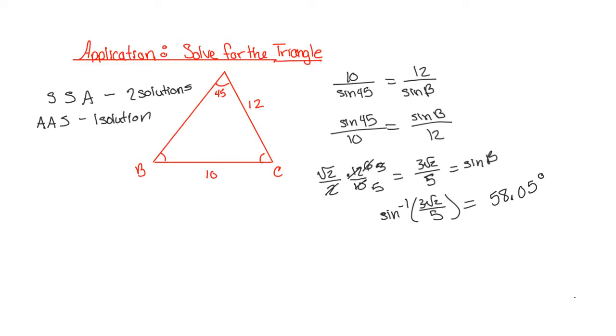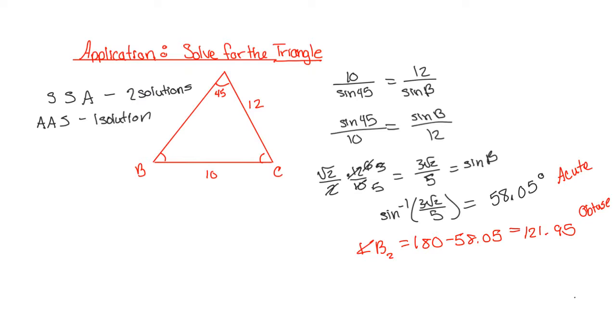So theta 2, or angle B2, we'll say angle B2 is equal to 180 minus 58.05, which gives us the answer of 121.95. And so that would give us our second angle for this information that we're given, where this is our obtuse triangle and this would be our acute triangle.